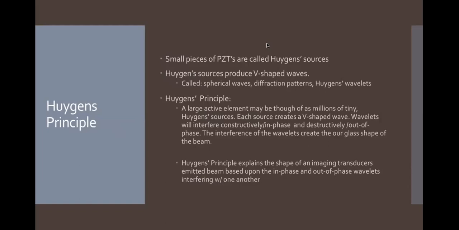He said, I'm not going to call it a PZT anymore. I'm going to call these Huygens sources. And then he says each source, so each small piece of PZT, will produce a V-shaped wave. Those V-shaped waves are called spherical waves, diffraction patterns, or guess what? He said it again, his own name, Huygens wavelets.